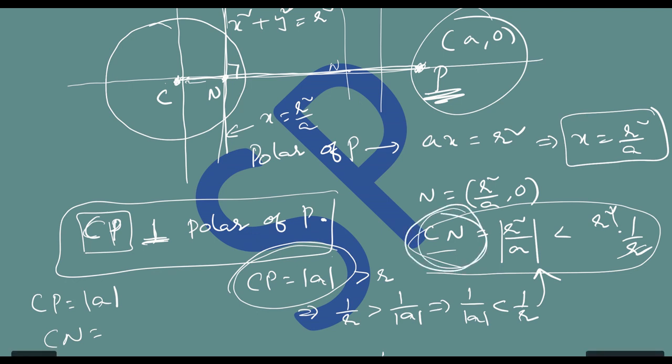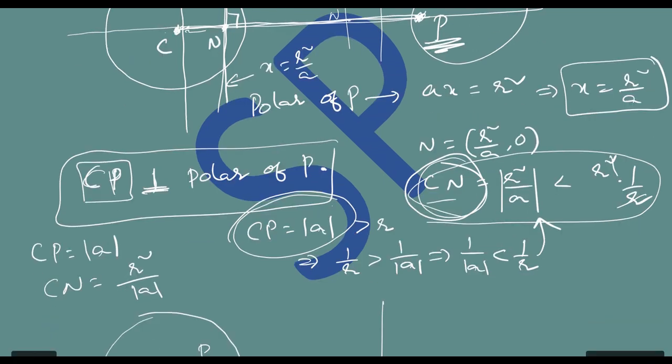We got Cn is equal to R square by mod A. So what is the product of these two? CP into Cn is equal to R square.